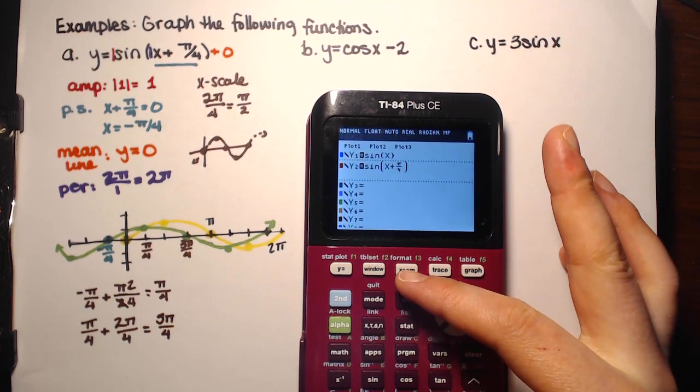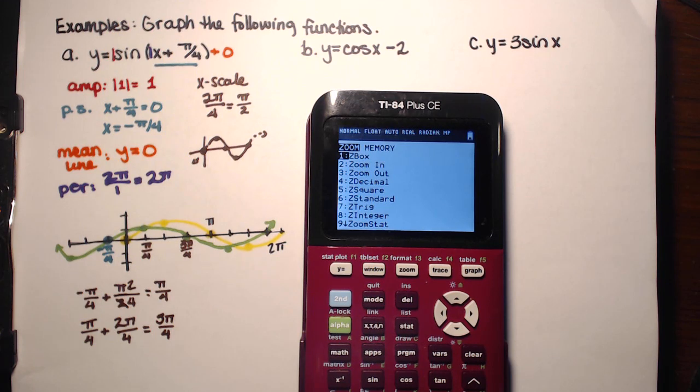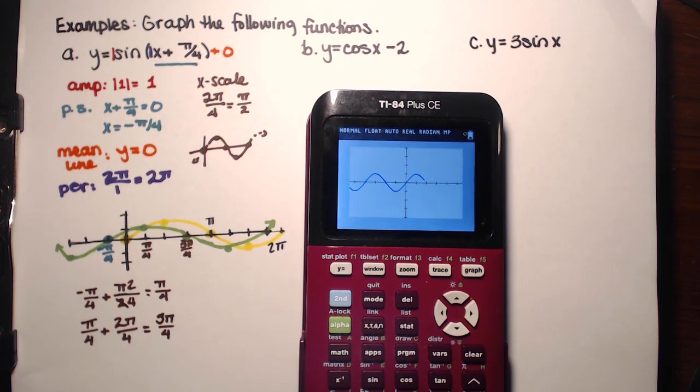I'm going to actually hit zoom trig. It's going to give me a better window to view this at. So that's our sine function. And then that's the sine function where we've shifted this by pi fourths.